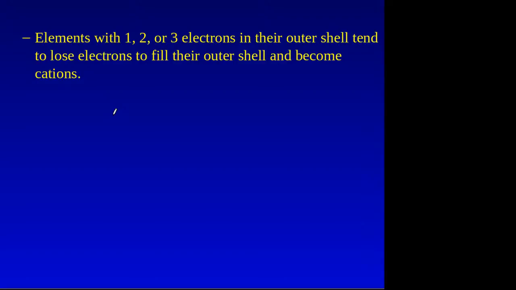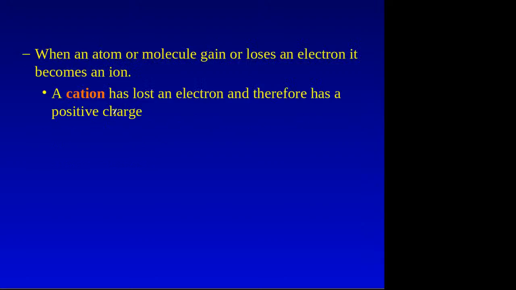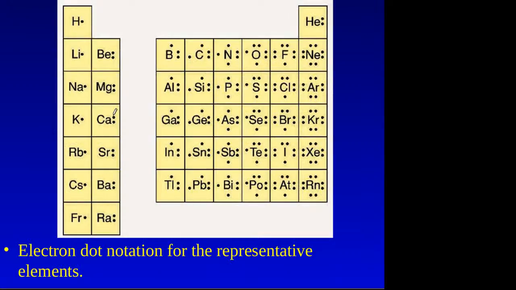Elements with small numbers of electrons in their shell tend to lose electrons. All right? They say they tend to, and I want to go back to the dot diagrams here. It's easier for this to lose one electron than to gain another. Well, actually, look at it from the idea of sodium. It's easier for sodium to lose an electron than to gain 7.